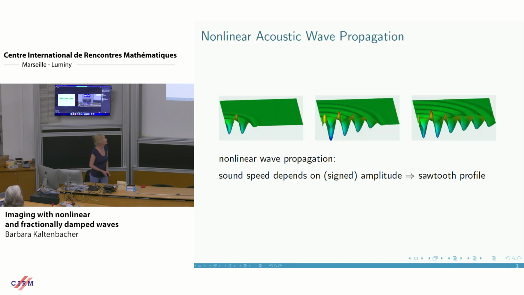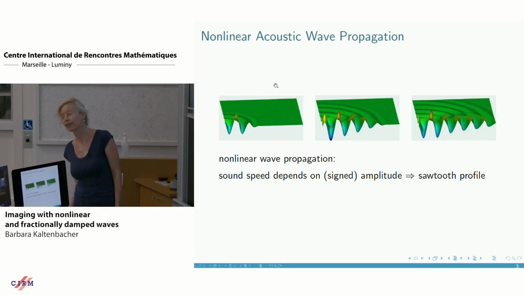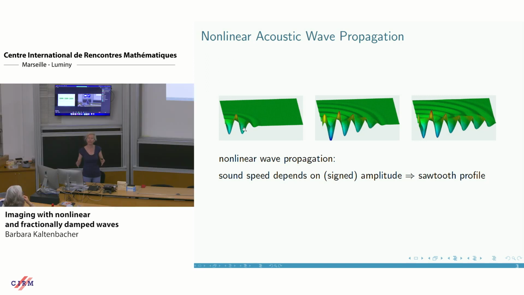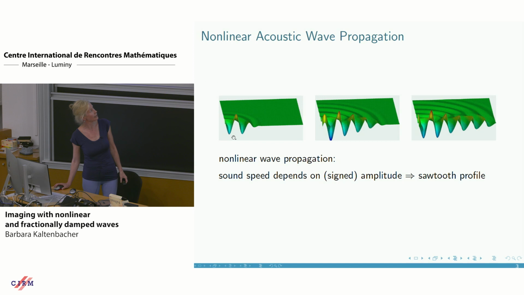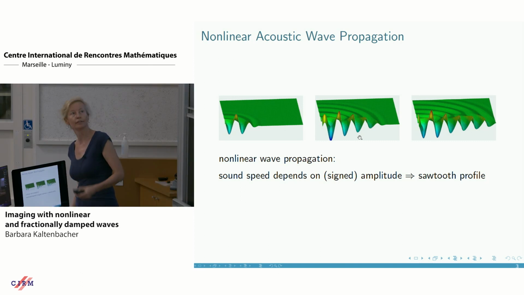First of all, about nonlinear sound propagation. So this is an image of a simulation, or these are three snapshots of a simulation of an acoustic wave that has been excited in a sinusoidal way here on the left, and it's propagating to the right as time proceeds. And as you see, well, it's propagating as expected with a bit of damping.